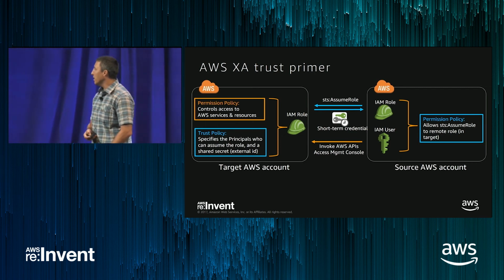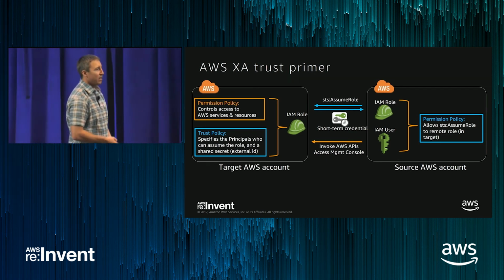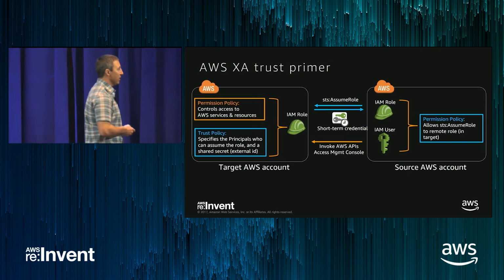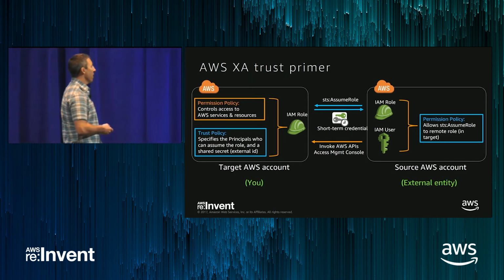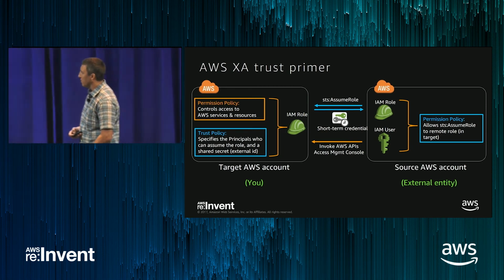Once that principal in the source account has those credentials, it can then use that set of short-term credentials to call any AWS APIs, whether that be control plane or data plane. All right? Now, cross-account trust access is used for a lot of different scenarios.